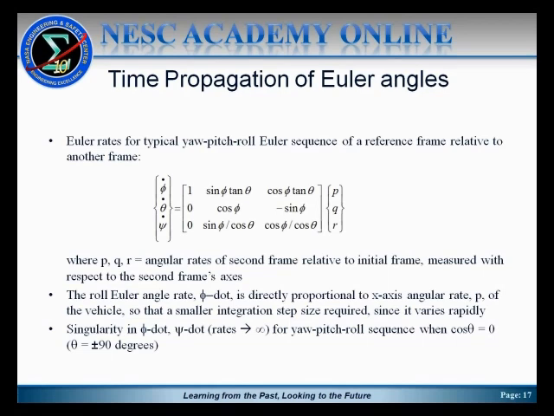So there is a singularity in the Euler angle rates for that particular orientation when the intermediate angle is plus or minus 90 degrees. And that's one of the biggest disadvantages of trying to do time propagation of the Euler angles and then integrate them to get the changes in the Euler angles themselves. You can avoid that by using direction cosine matrices or Quaternions to define those orientations, as we'll see on the next slide.